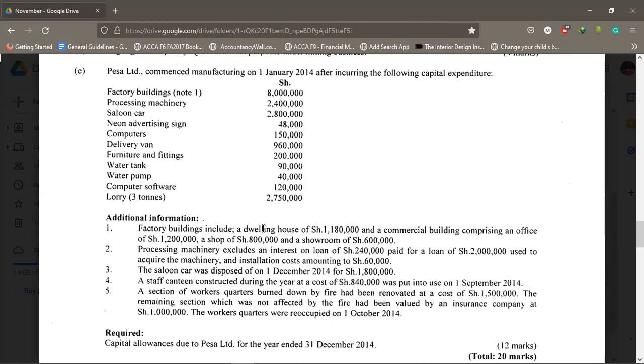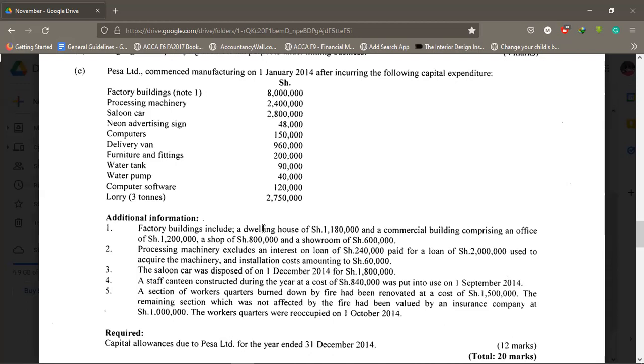2,750,000. Additional information. Number 1, the factory building includes a dwelling house of 1,180,000 and a commercial building comprising an office of 1.2 million, a shop of 800,000 and a showroom of 600,000 shillings.